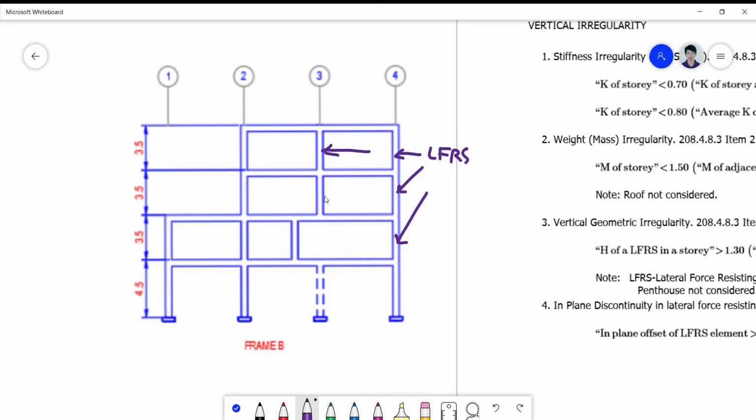Okay, so each and every column will help your building withstand the forces of earthquake. Okay, so these are all part of the lateral force resisting system. If there's a shear wall added inside or maybe at the side of the structure, then your LFRS can be composed of columns and shear walls. Okay.